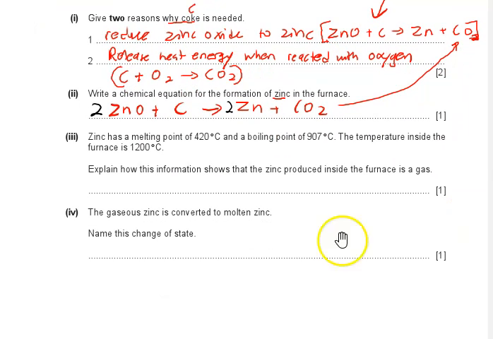Okay, so now number 3, zinc has a melting point of 420, boiling point of 900. The temperature inside the furnace is 1200. Explain how this information shows the zinc produced inside the furnace is a gas, because it's beyond the boiling point. Okay, so that is your answer here.